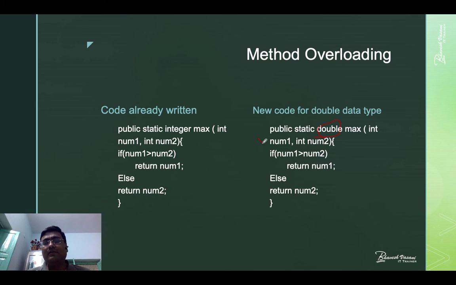So the method with the same name max will be executed, but here the return type is integer while there the return type is double. So this is the benefit of method overloading. Sometimes we want methods to have the same names, but different arguments, parameters and return types. At that time we can use method overloading.